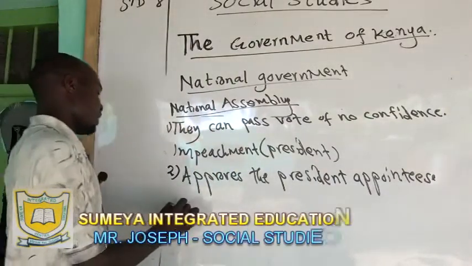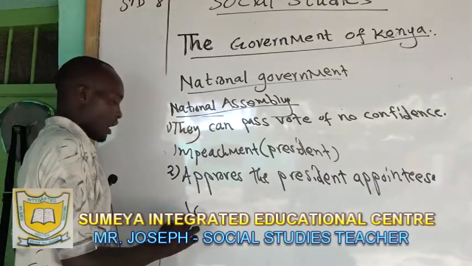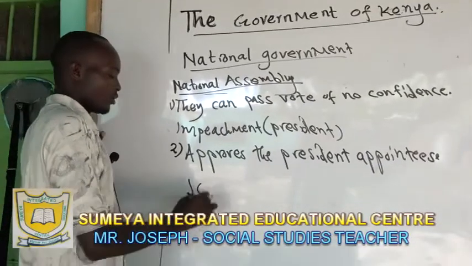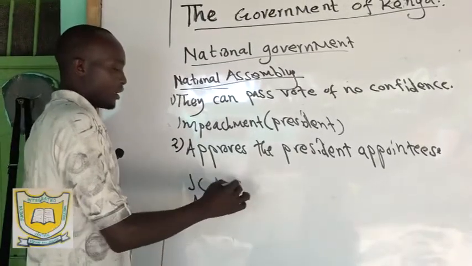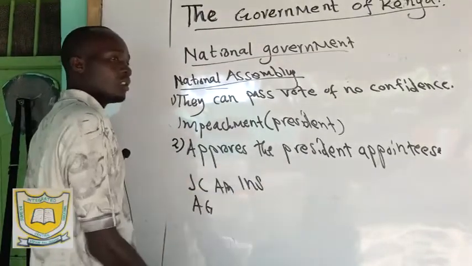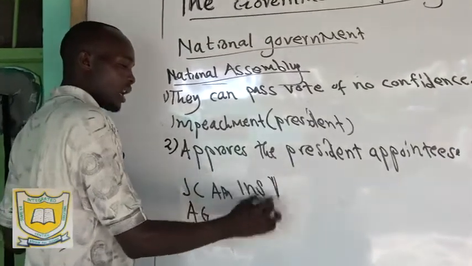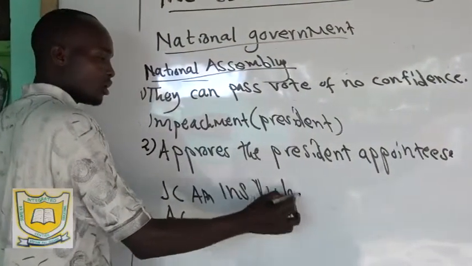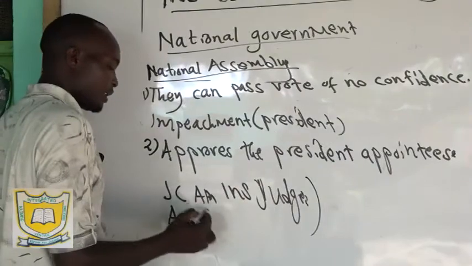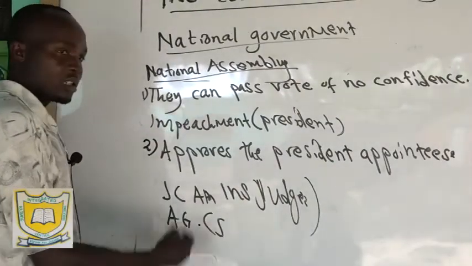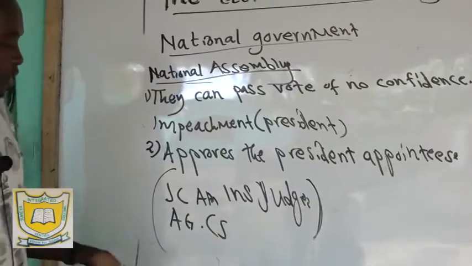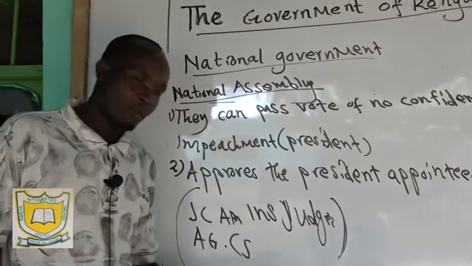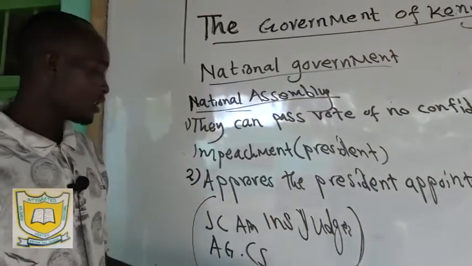For example, we have the Chief Justice, we have the Attorney General, we have the ambassadors, we have the Inspector General of Police, and judges of the superior courts. All these people, the CS, cabinet secretaries, the people like Professor Makoha, people like Dr. Matiang'i, Amina Mohammed, and so on. Those are some of the CS in Kenya.